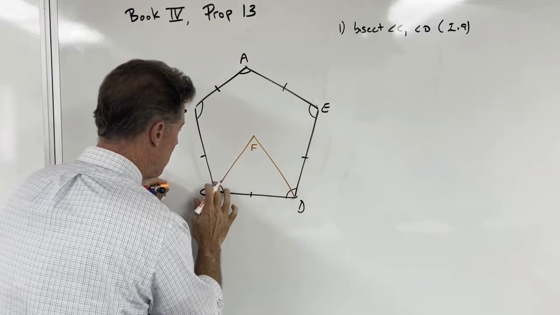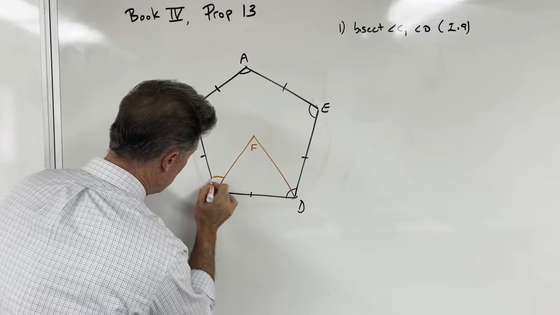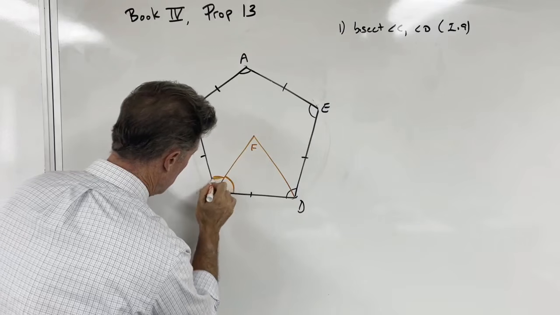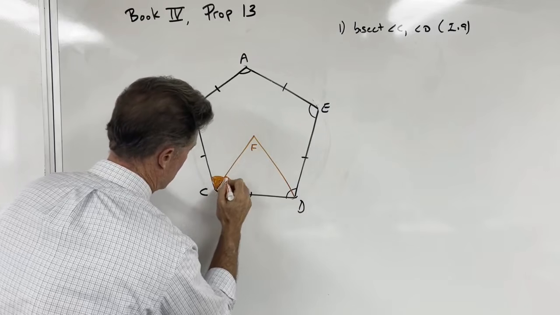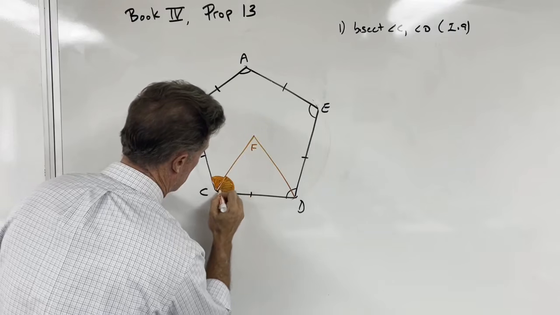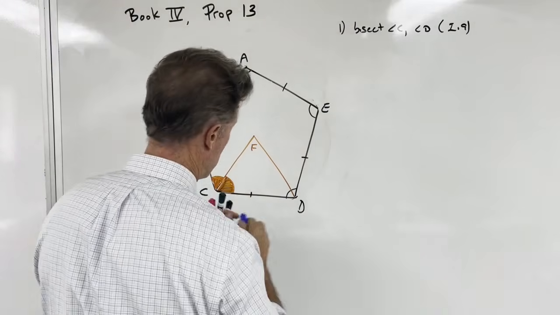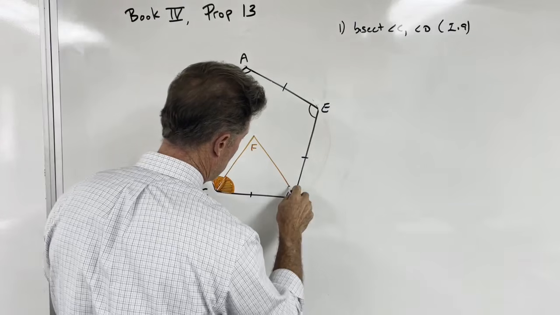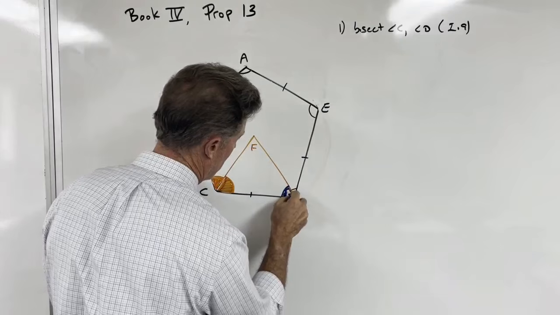So now remember, these have been bisected, so this angle and this angle are equal. Let's draw that. Likewise, this angle and this angle are equal, right?